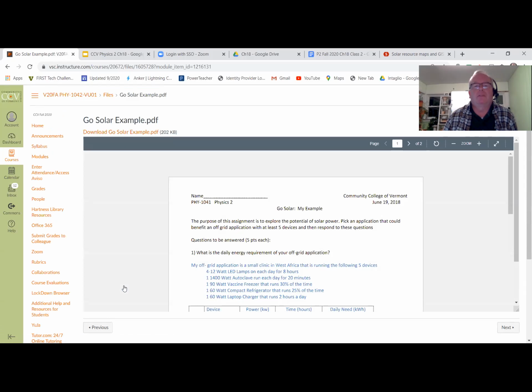It says my off-grid application is a small clinic in West Africa that's running the following 5 devices. And that's what I would like you to have. Now it looks like there are actually more devices than that, but I'm going to have 4 12-watt LED lamps. Even though there are 4 of them, I'm classifying that as one kind of device. And then an autoclave that runs each day for 20 minutes.